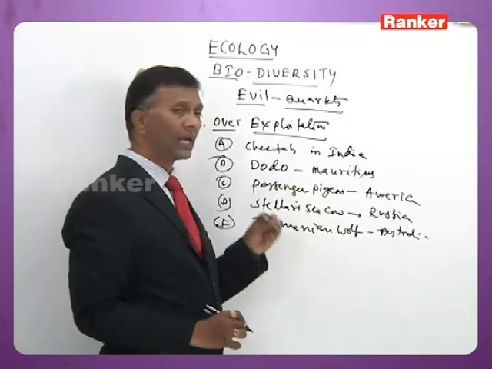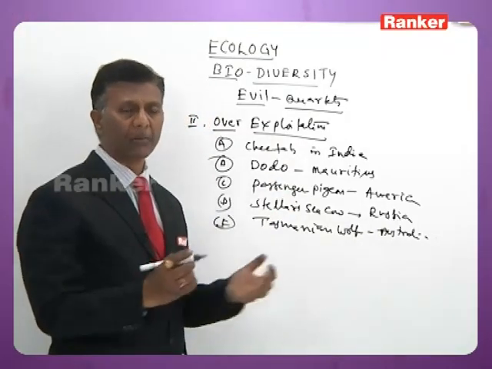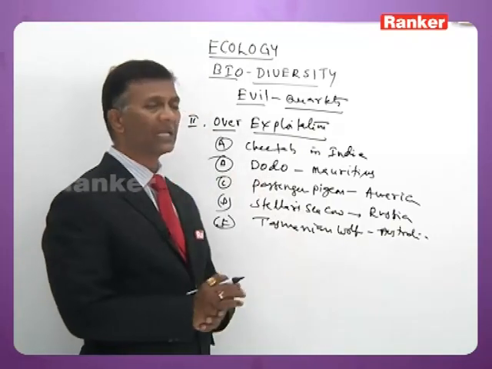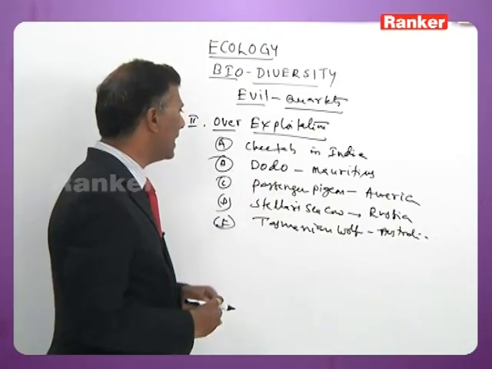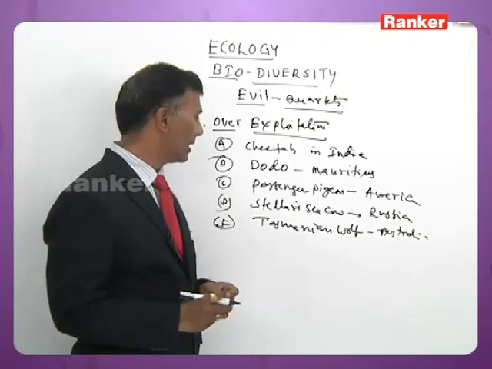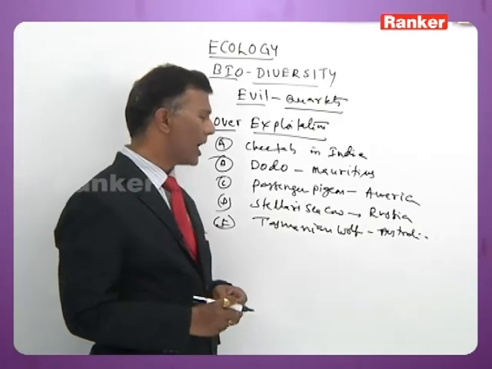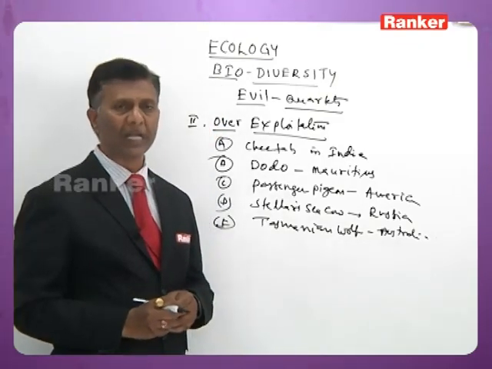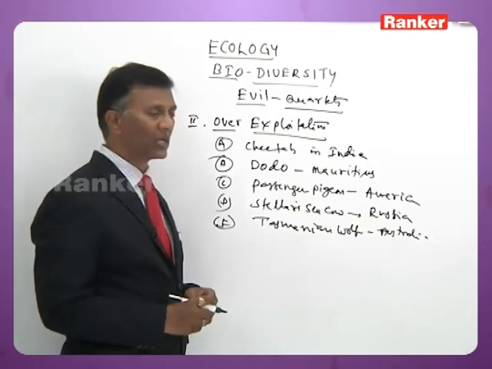The most important I am putting before you, which is important from the EAMCET and all other exam point of view: cheetah in India, dodo in Mauritius, passenger pigeon in America, stellar sea cow in Russia, and Tasmanian wolf in Australia. They became extinct because of indiscriminate killing or overexploitation.